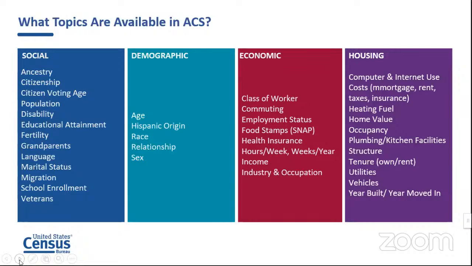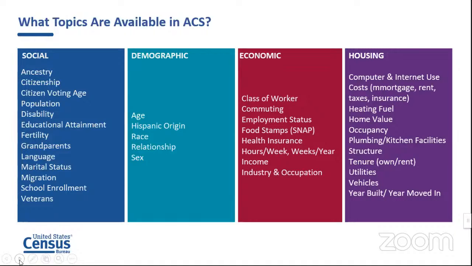Who's insured, who's not insured, and is it through their employment or privately sought or public assistance or through the exchange? Lots of information that you can get there aside from income and poverty, the economic characteristics.